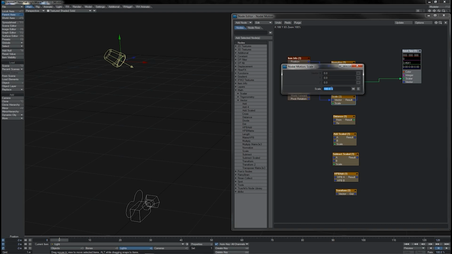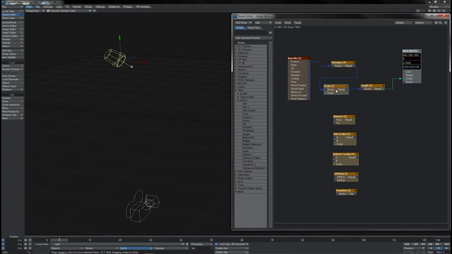So you can only tell it to go to a percentage of its current length. If you were wanting to set a specific length for it, then probably the easiest way is just to normalize your vector first, and then obviously at scale 100% or 1 you get scale 1. So you can then just pipe in whatever scalar you want, like 2.3 or 230%. So there you go, that lets you rescale.